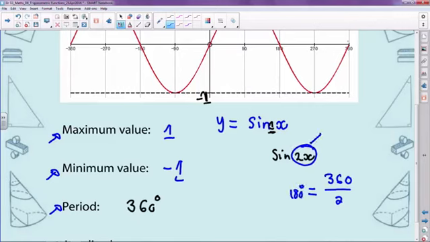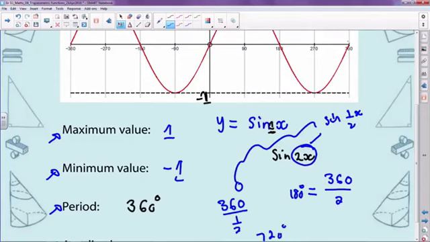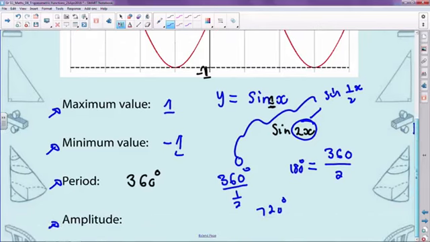But if you had sine half x, that will be your 360 divided by half, which gives us 720. So your period is going to be 720 for that one. Now, your amplitude, again, guys, if I've got y equals sine x, then this is y equals 3 sine x.